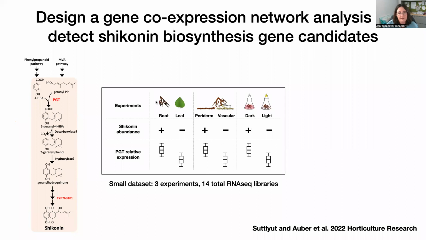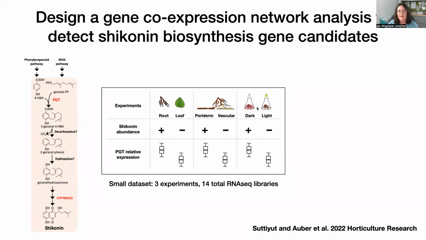So we have samples from whole roots where Shikonin is abundant, and this PGT gene shows high relative expression, and then samples from leaves where the Shikonin is not produced and PGT is not expressed. Similarly, if we zoom in on the root, we can take samples of shaved periderm, the outside of the root where the Shikonin is present, and compare that to vascular tissue where it's absent.